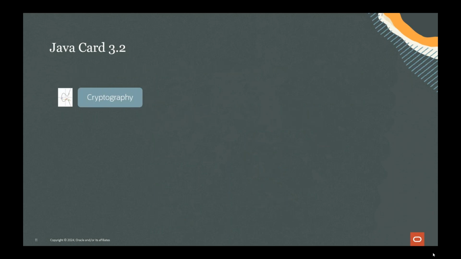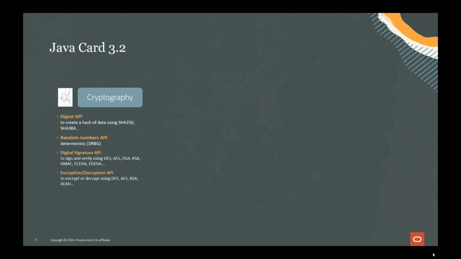Of course, cryptography plays a central role in developing security applications, and the kit supports all cryptographic operations required by security protocols. You can hash messages, you can generate random numbers, you can sign and verify messages, you can encrypt and decrypt data.